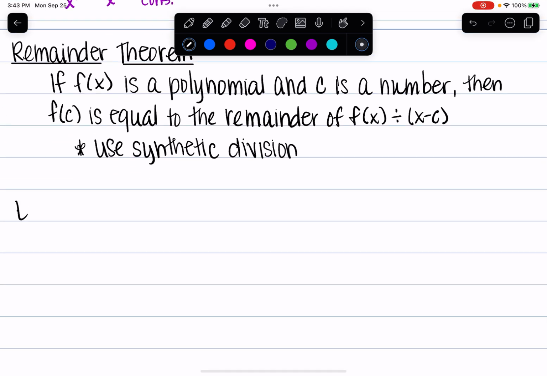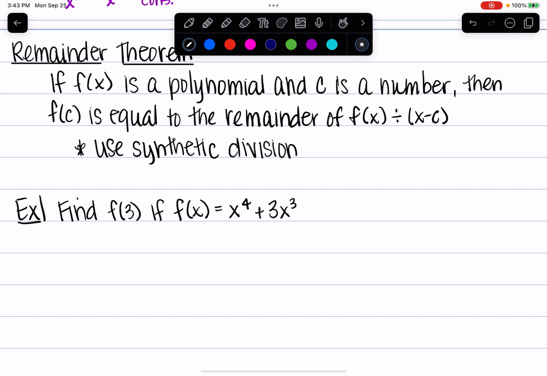So, for example, we are going to find f of 3 if f of x is equal to x to the 4th plus 3x cubed minus 2x squared plus x minus 10.